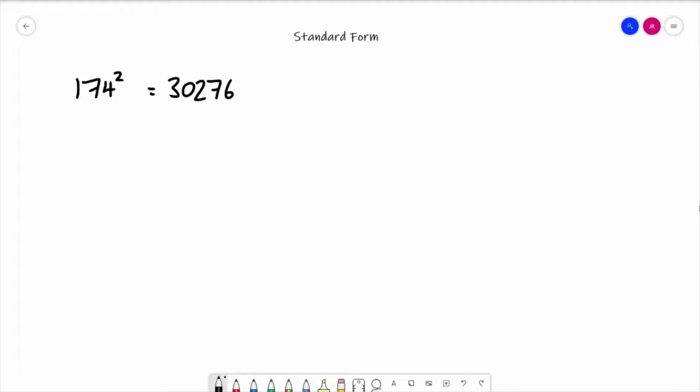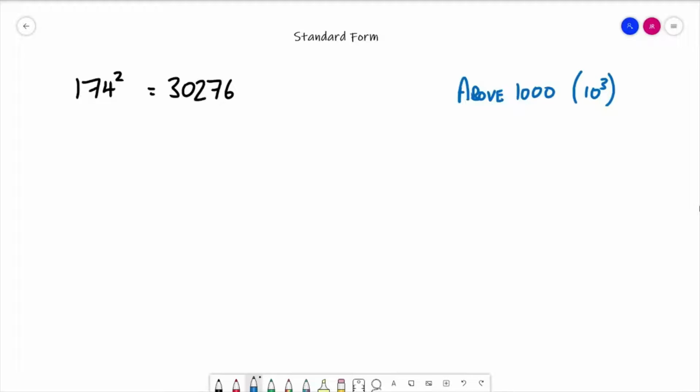Now before we go into the rounding conversation, firstly we're going to start talking about standard form. Now the rule of thumb is that as soon as we get above 1,000, in other words, as soon as we get above 10 to the 3, we start to use standard form.